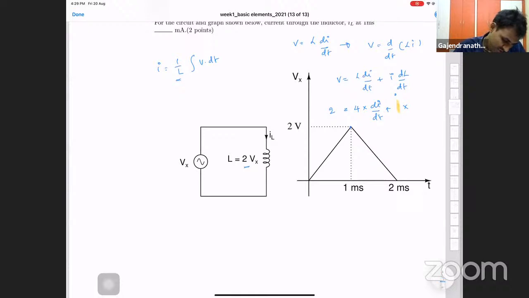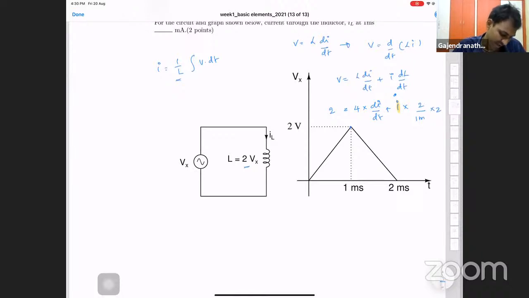If you try to find the slope of this line at 1 millisecond, what do you get? You get 2 by 1 millisecond, right? So what I'm trying to say is the current I don't know, and dL by dt I know. dL by dt is the slope of this line multiplied by 2, because L is 2 times Vx.